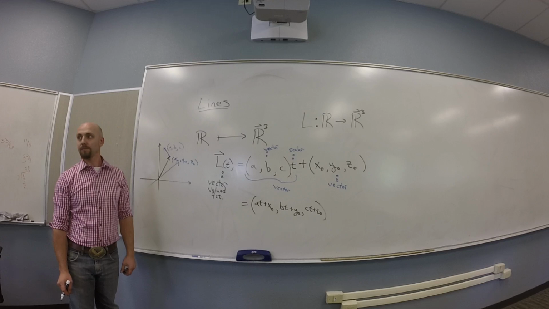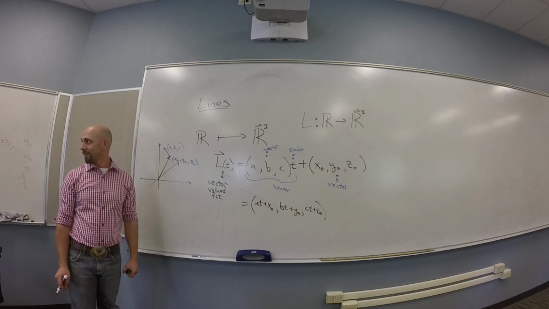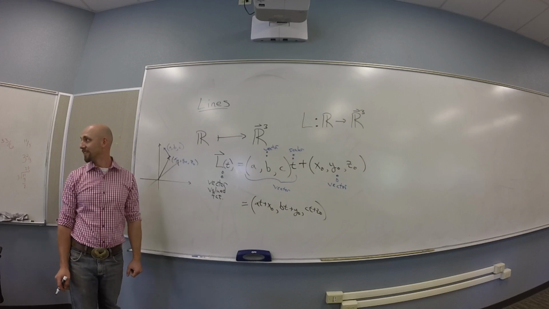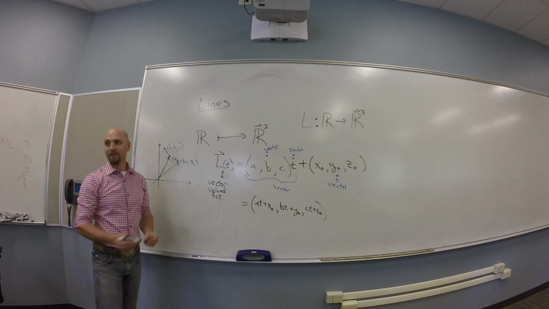You guys see that? You definitely could have it of two variables. That wouldn't be a line anymore. It would be bent. Well, or at least it wouldn't be a line. It could be a plane, right?